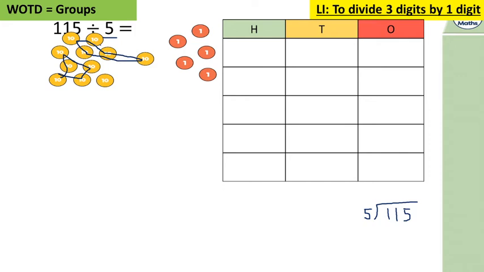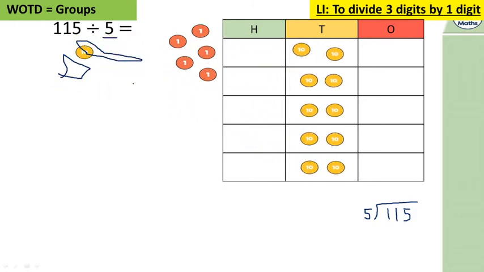How many in each of those groups? So we've got 5 here, that's correct. So I've got 2 groups of 5. So 2 each by 10s. There's nothing in hundreds because we couldn't do anything with the hundreds. How many have we got left over? We've got 1 left over.